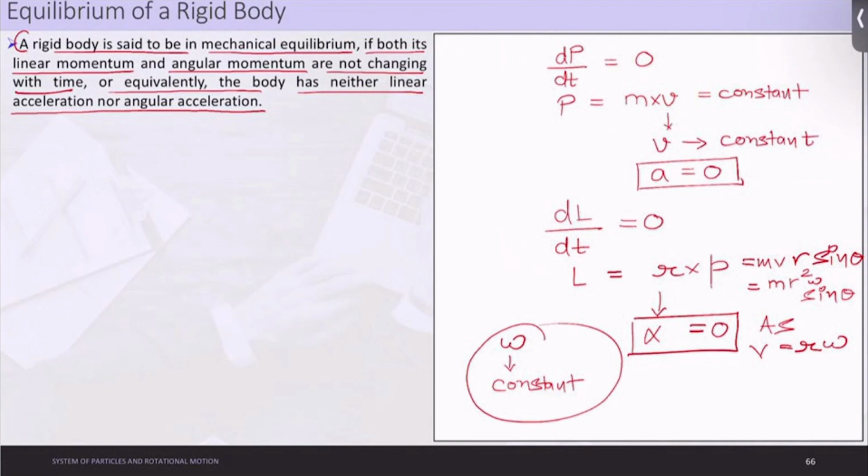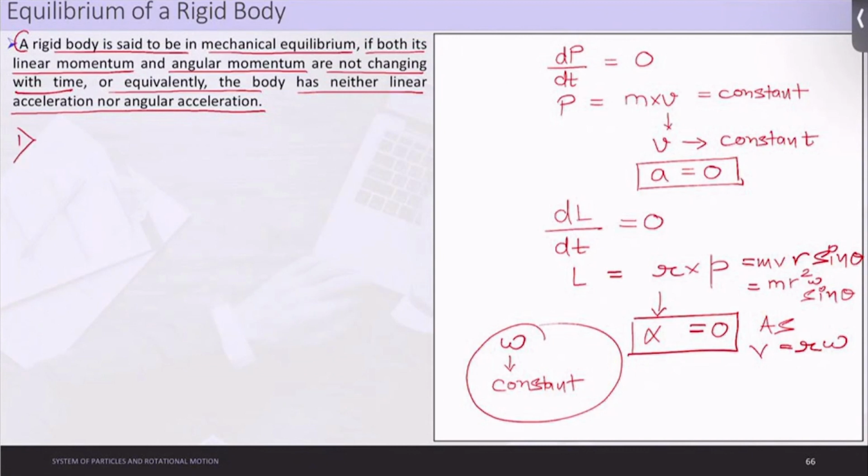Okay, right. So therefore when we say a rigid body is in equilibrium, both linear momentum and angular momentum are not changing with time, or equivalently the body has neither linear acceleration nor angular acceleration. What does it basically mean?